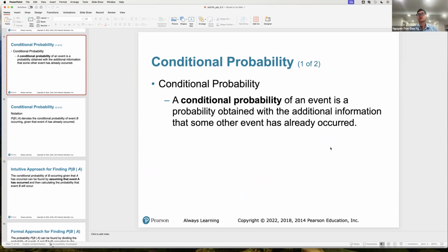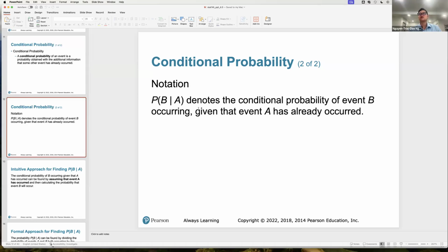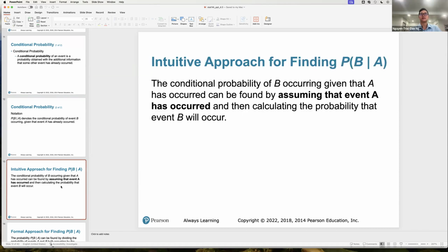A conditional probability of an event is a probability obtained with the additional information that some other event has already occurred, right? Like I gave you the example earlier. You can use this notation to denote the conditional probability of event B occurring given that event A has already occurred. So you write A, the event that already occurred, on the right side and B on the left side.